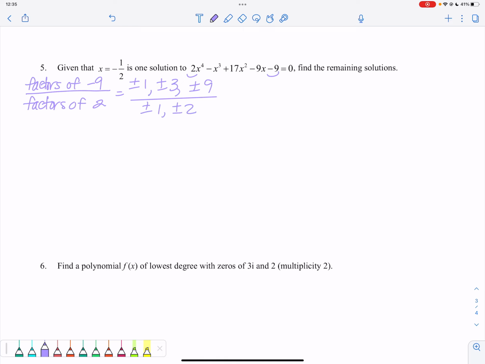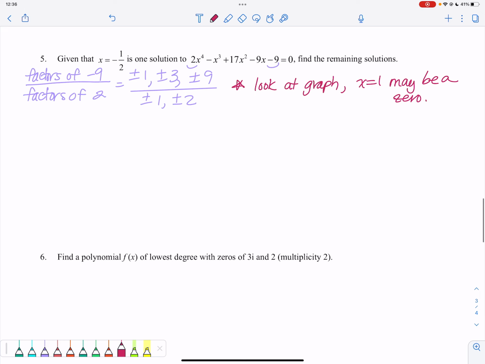If you do look at the graph, you can see that x equal to 1 may be a 0. So that will be a good starting place.